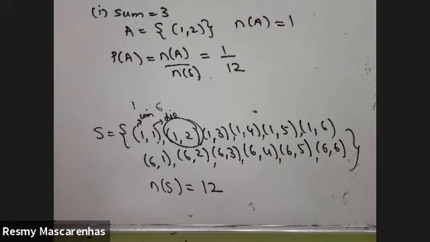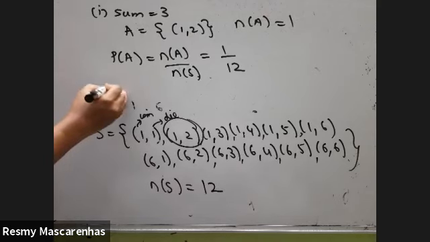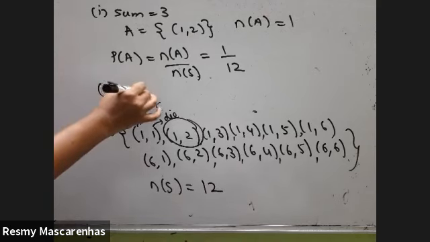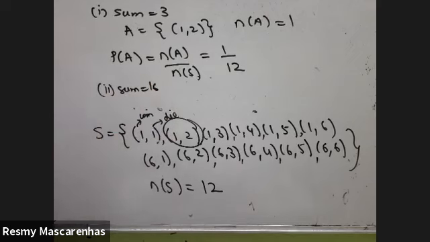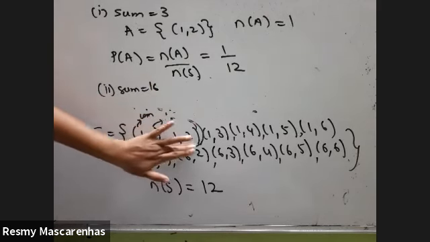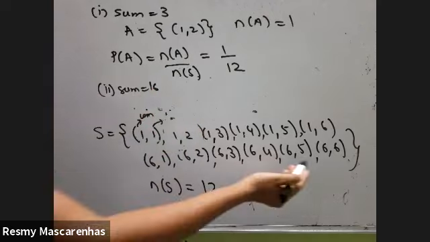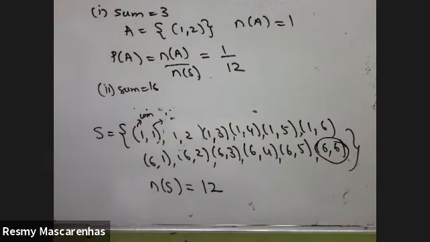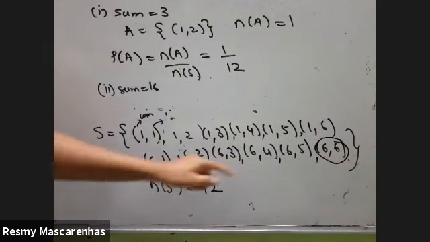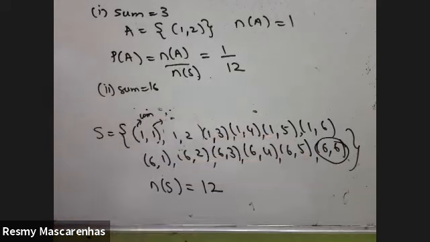Now do the second part. The second part says the sum should be 12. So pick up those pairs for which the sum gives you 12. I think this is the only pair which will give you 12. The rest will give you 10, 11.